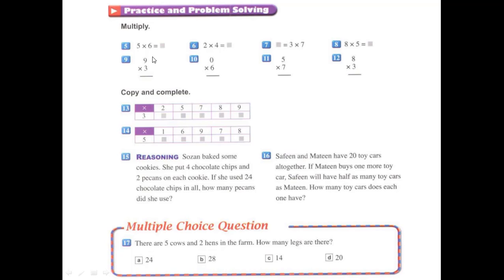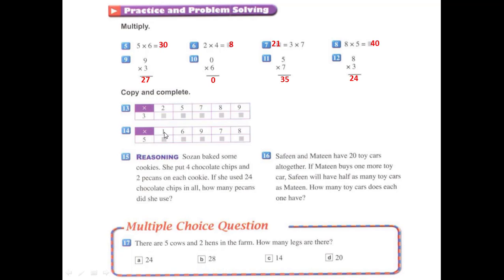5 times 6 is equals to 30. 2 times 4, 8. 3 times 7, 21. 8 times 5, 40. 9 times 3, 27. 0 times 6, 0. 5 times 7, 35. 8 times 3, 24.